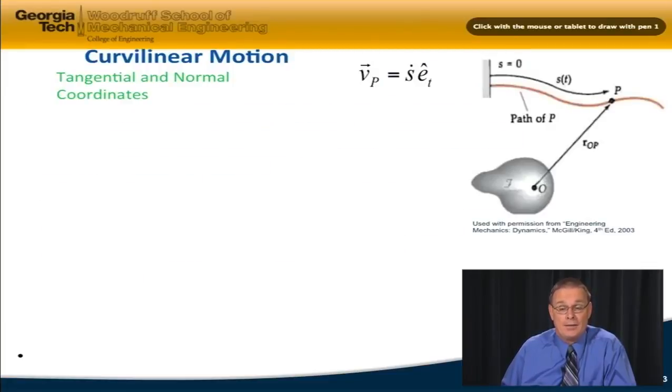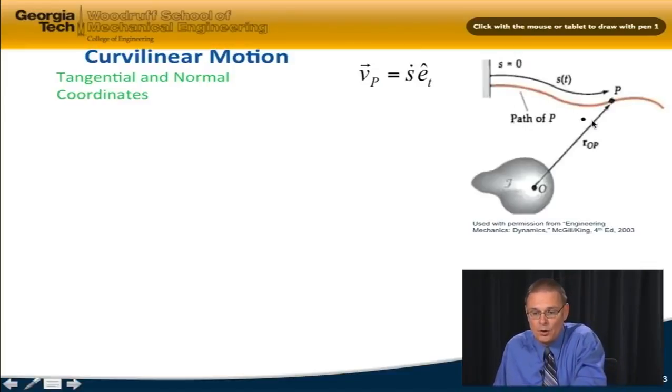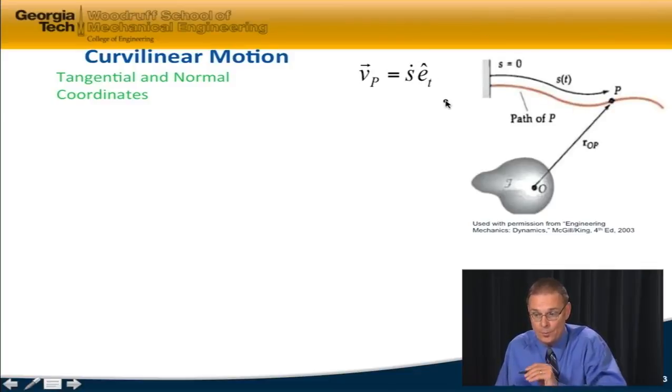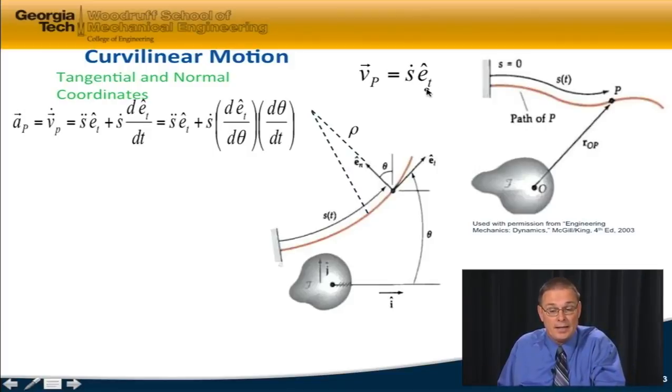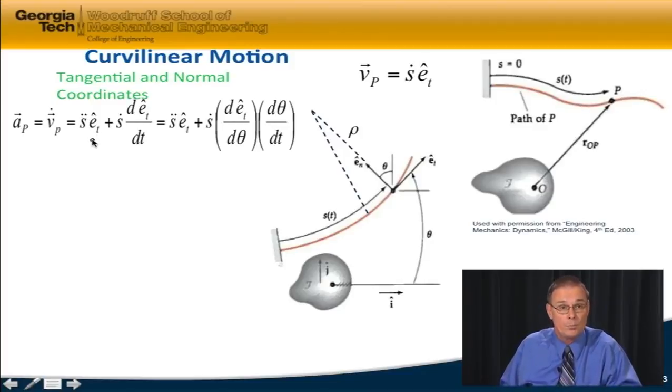So, going back to last class, we have this particle going along a curvilinear path. Its velocity is going to be s dot for its magnitude, the change in arc length with respect to time, and the direction is always going to be tangential to the path, E sub tangential. And so the acceleration is going to then be a derivative of the velocity. Both s dot and E tangential, the direction will change as we go along the path, so I've got to use the product rule.